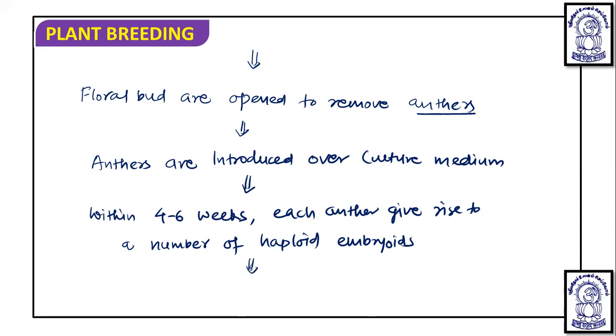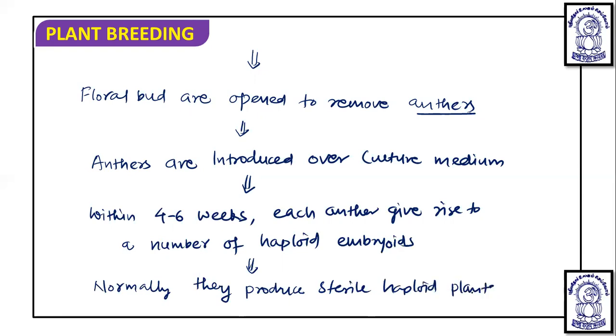So a number of haploid embryoids will develop from each anther. Now, normally they produce sterile haploid plants. So sterile haploid plants are developed by this. Now, why? Because they are haploid plants.